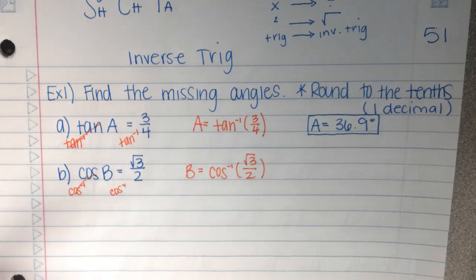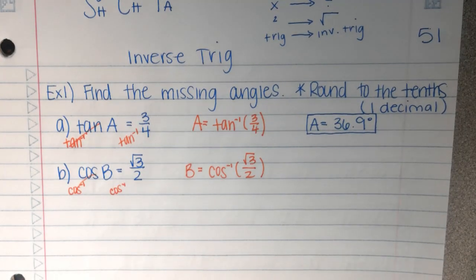I want everybody to practice typing this in right now. It should automatically do the parentheses. The inverse cosine of the square root of 3 over 2. Is that correct?